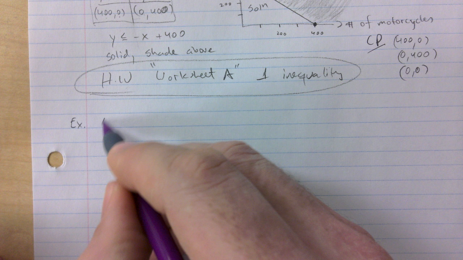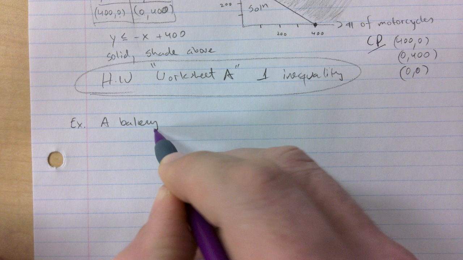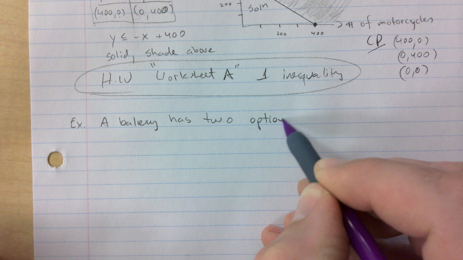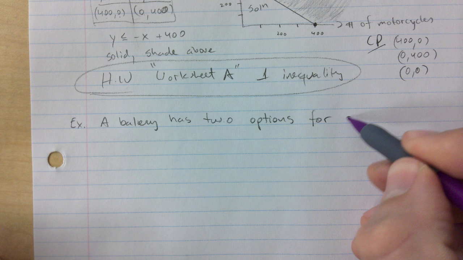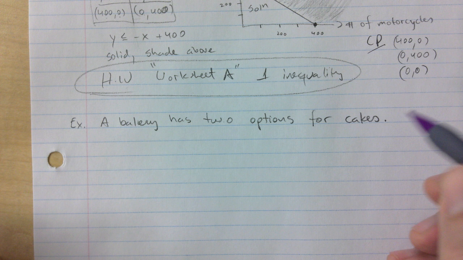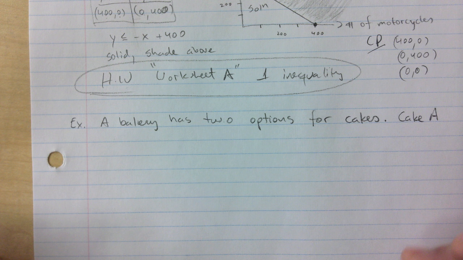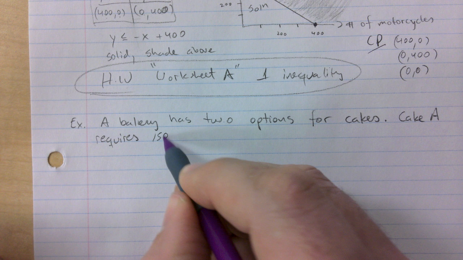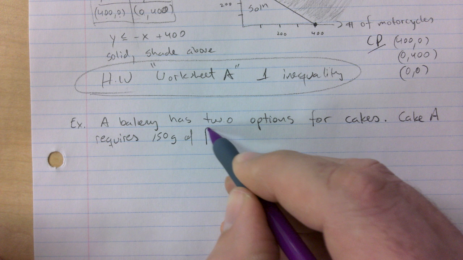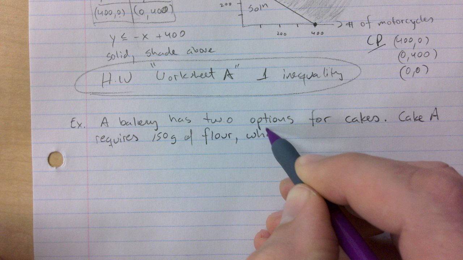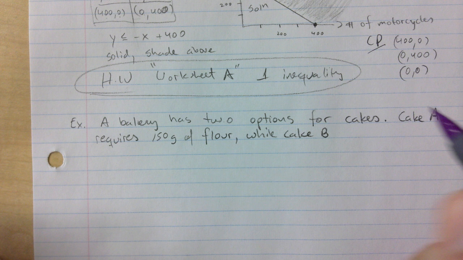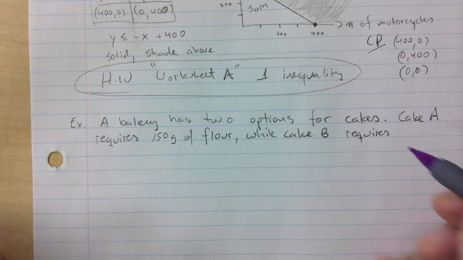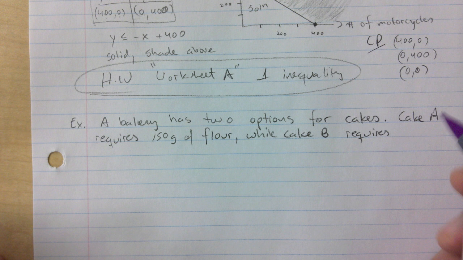A bakery has 2 options for cakes. Cake A requires 150 grams of flour, while cake B requires 75 grams of flour.